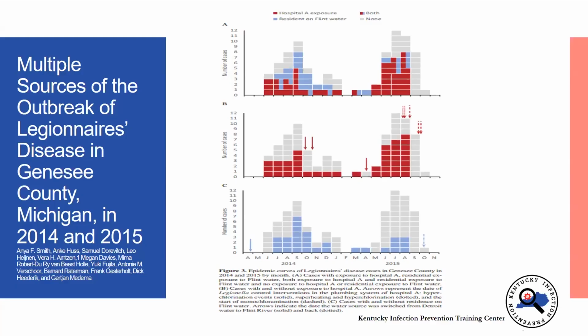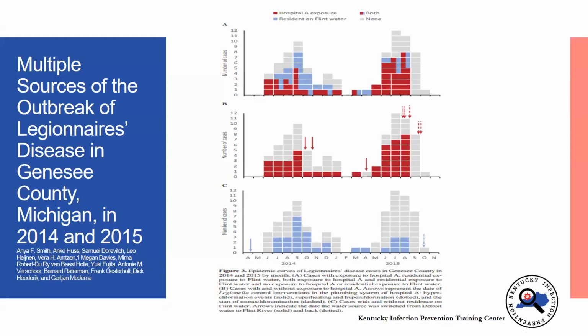Unfortunately, even after excluding hospital A cases, Legionnaires' disease was still higher than in other Michigan counties, indicating that there were other sources of exposure. Ultimately, they found strong evidence for a hospital A-associated outbreak in both 2014 and 2015, and that there were other issues related to living in Flint, Michigan, as well as cooling systems.